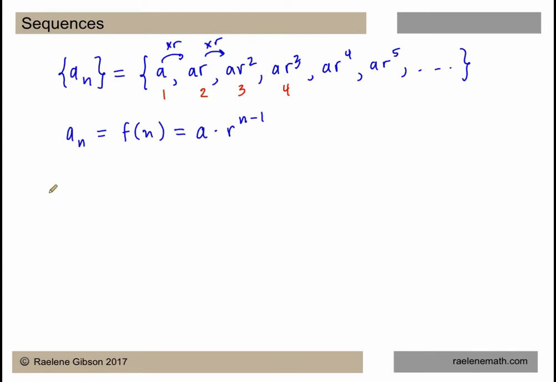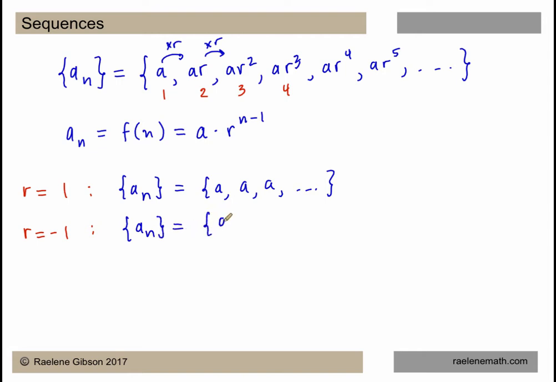So it's worth talking about what happens in these special cases. If r is equal to 1, our sequence turns out to be a constant sequence of just a. If r is equal to -1, we have the magnitudes of the terms are the same, but they alternate in sign, and so we have an alternating sequence.